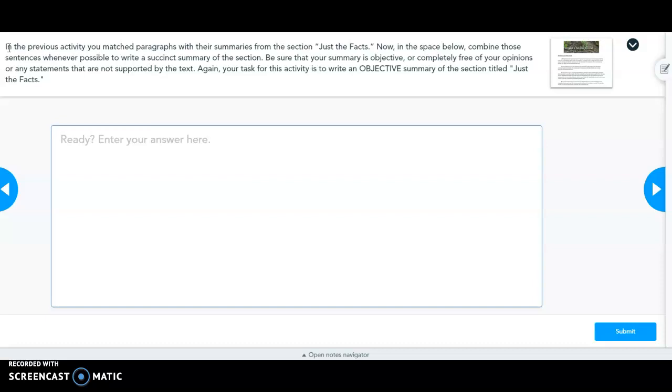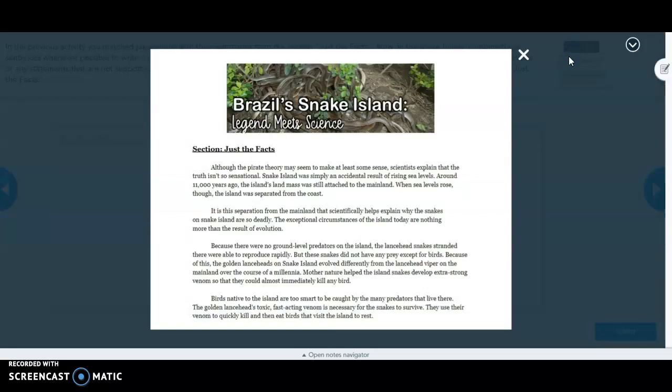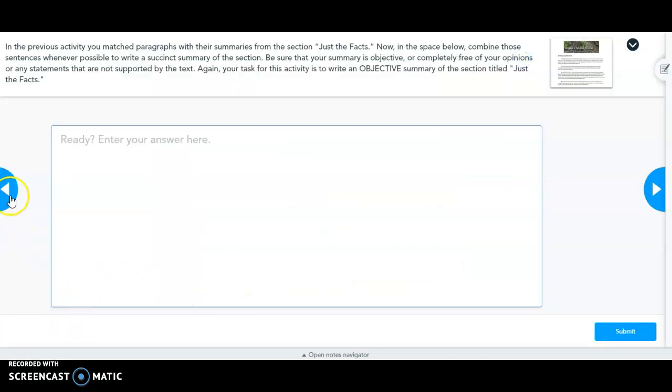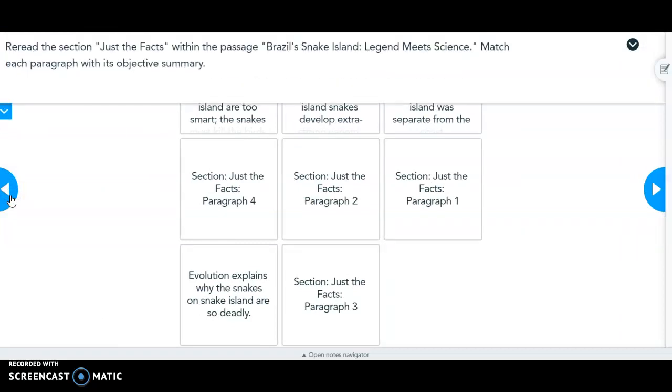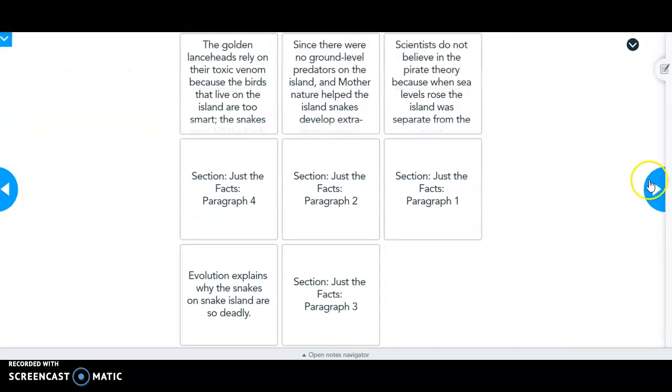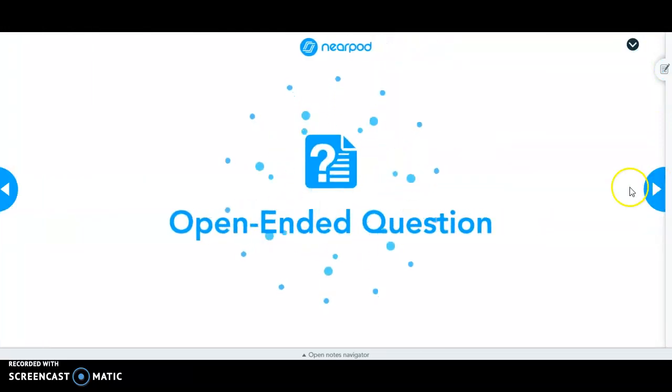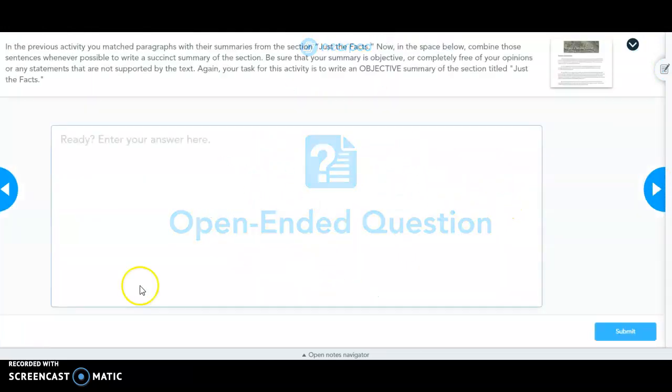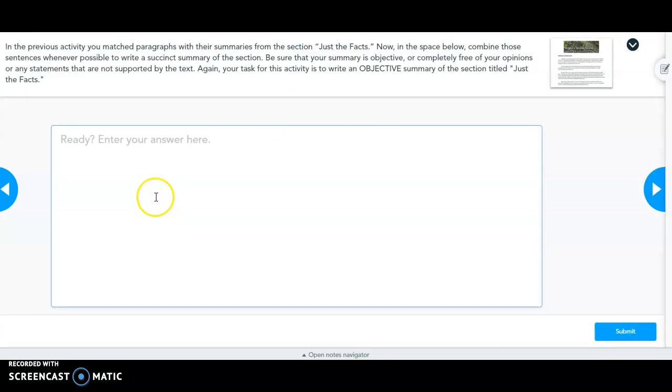the Facts. Notice that I had the section Just the Facts right here, so you could have referred back to it while in the Nearpod. You could have also gone back to your matching and used some of these statements if needed. So really what I'm asking is to just write a summary of this specific section.